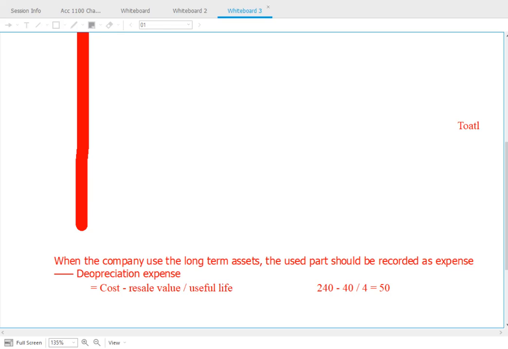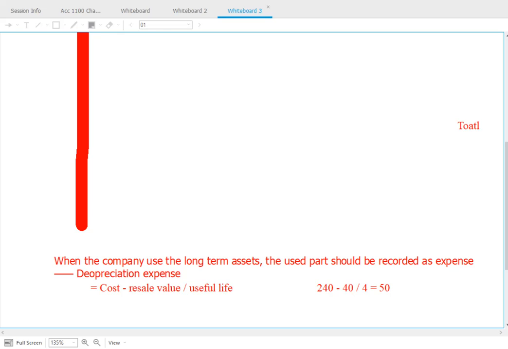That means every year I used $50 out of my machine. So I have an expense equal to 50 by the end of year 3, 50 by the end of year 4, 50 by the end of year 5, and 50 by the end of year 6. I have an expense, which we name depreciation expense.